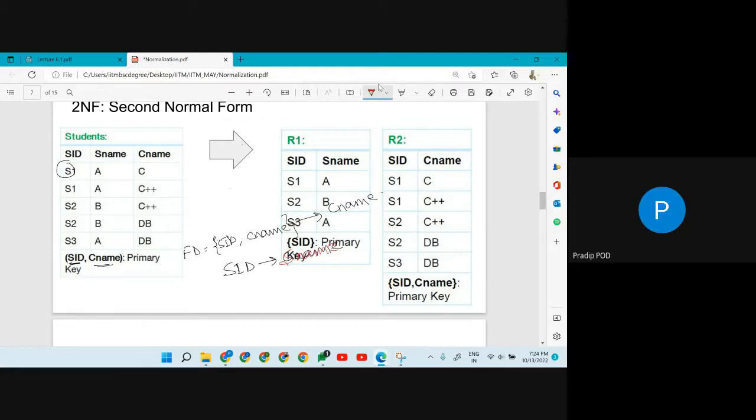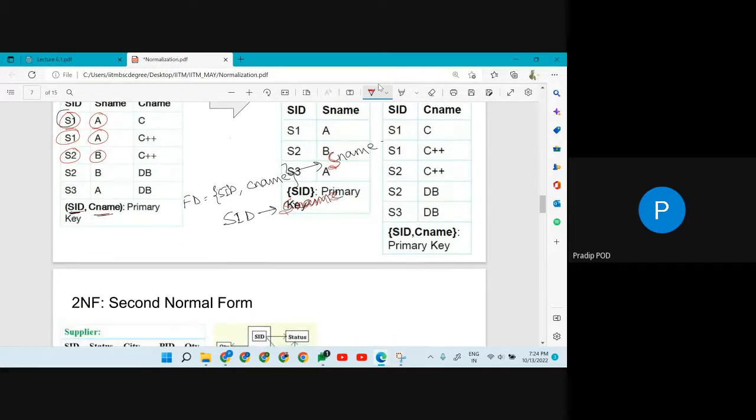But look at these tables. Every time S1, there is a value. So first I write SID to CNAME, that is SNAME.